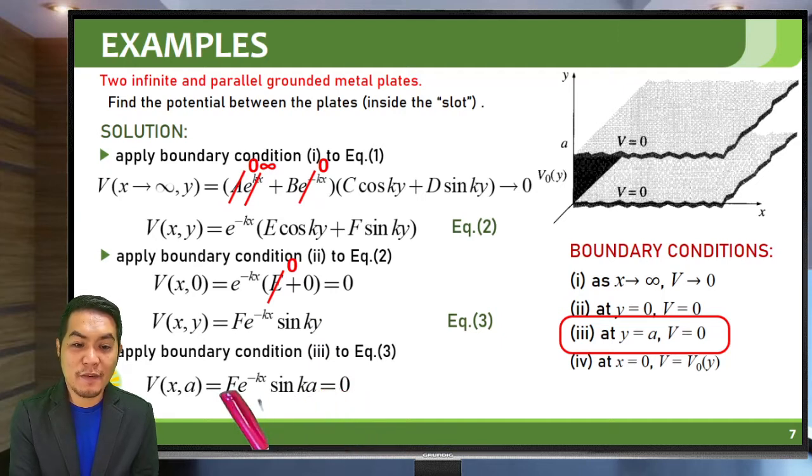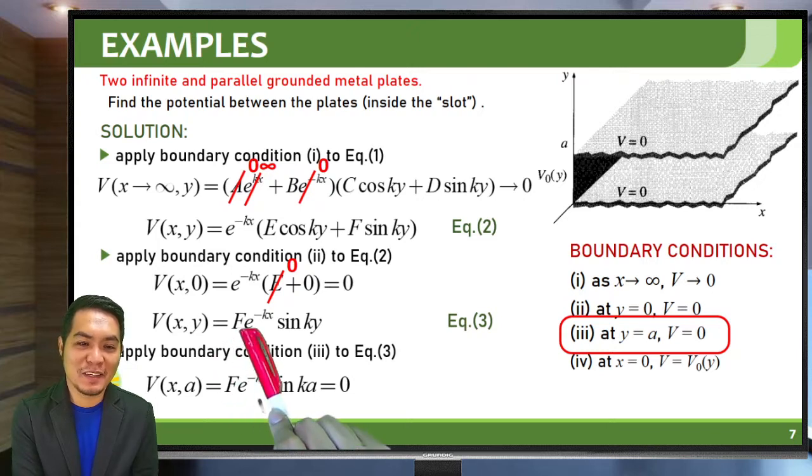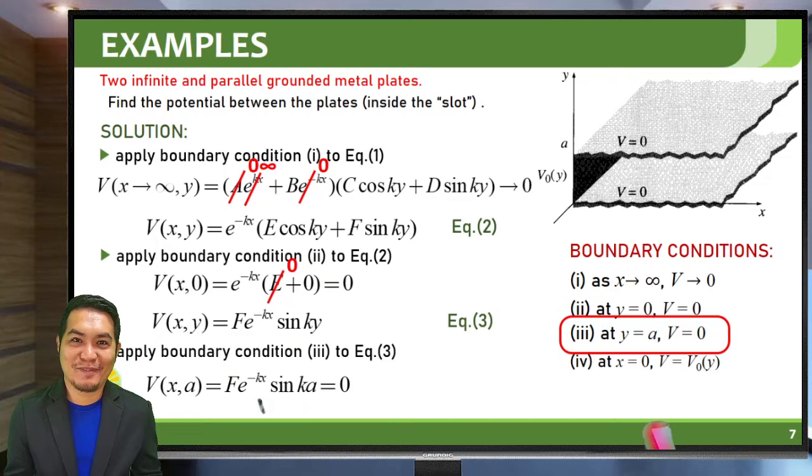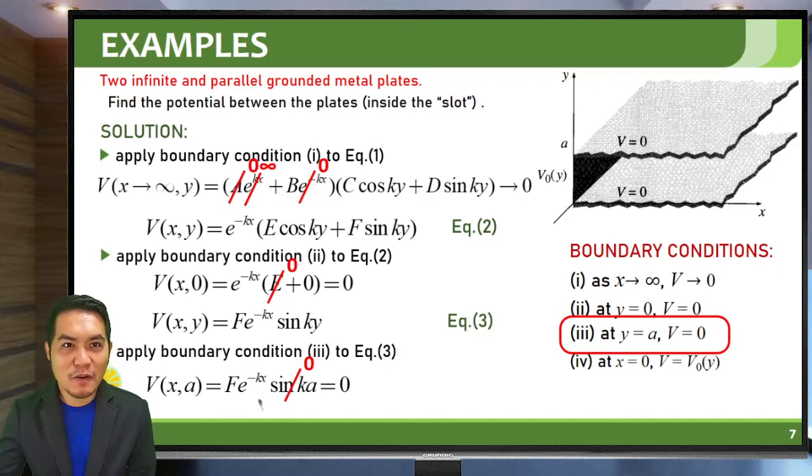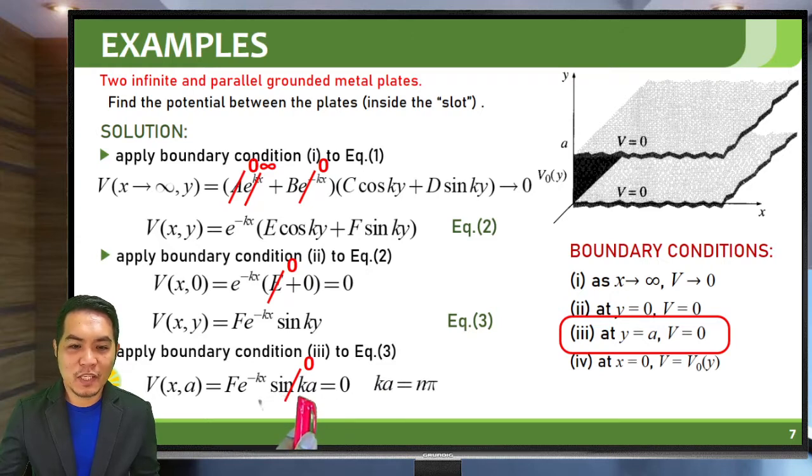Of course f cannot be equal to 0, because if your f is equal to 0, then your potential is 0. And e to the negative kx can also not be equal to 0. So this means that the only thing that will be equal to 0 is sine ka. So if the sine of an angle is equal to 0, what can you say about the angle? In this case, ka.